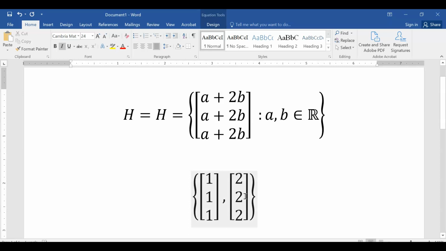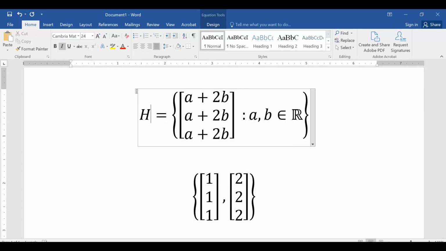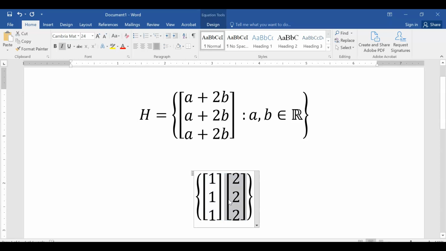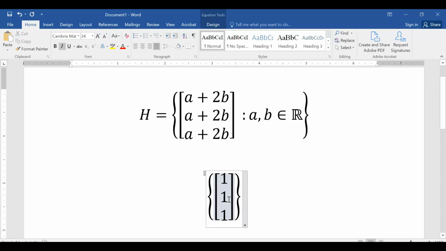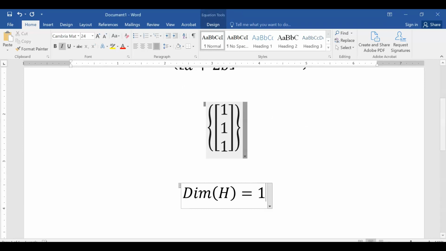These 2 vectors span H. However, if you notice, these 2 vectors are scalar multiples of each other, so the set is linearly dependent, and therefore I can eliminate one of them. Okay, so I can eliminate that 2, 2, 2 if I'd like. And so actually, the subspace H is spanned by a single vector 1, 1, 1. And so the dimension of H is 1 because I only needed one vector in my basis.